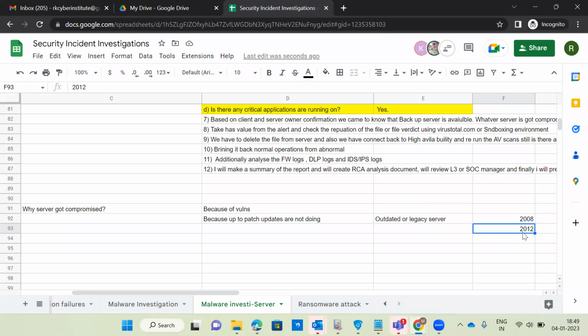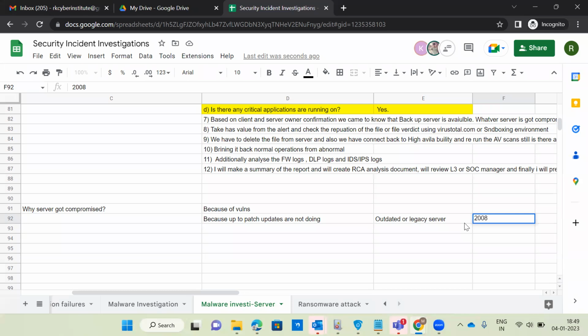Okay, so this is one of the reasons, guys. You can say the answer is that it's outdated and also end of life or end of support, the 2008 Windows server. Then they will ask back why you are using a 2008 server. You have to say I already informed the Windows team several times to do patch updates and upgrade the server, but they are not responding because of application compatibility issues.